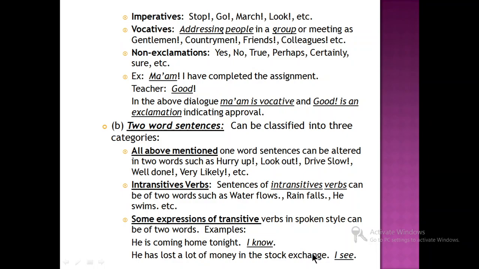If you are saying this sentence, he is coming home tonight, I know is a incomplete sentence, but because a sentence is already spoken by someone, एक सेंटेंस पहले ही कहा जा चुका है, इसी वजह से I know is sufficient enough even when know is a transitive verb. No intransitive verb है, लेकिन फिर भी सेकंड सेंटेंस को जानने की कोशिश करते हैं. Let's understand with the help of the second sentence.